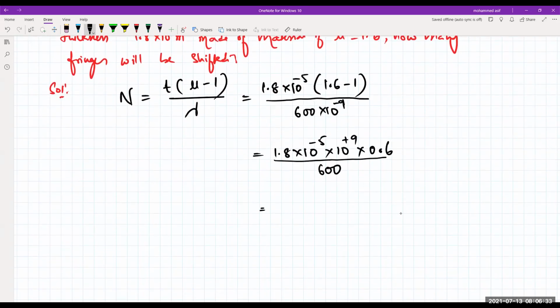So removing the decimal points, this becomes 6 and this becomes 100.